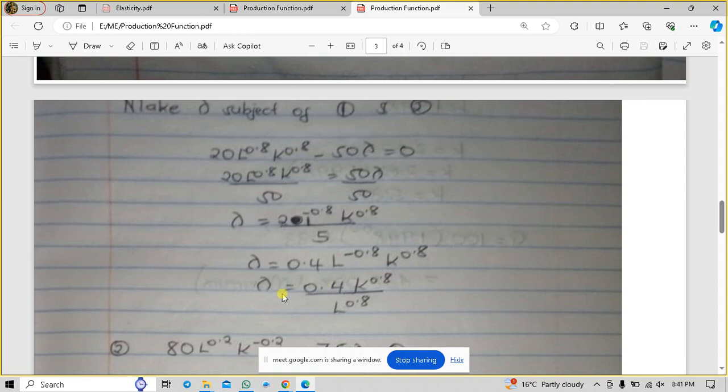The last part, so that you can ask a question: mu is equal to, mathematically, when you have L is to power negative 0.8, it is the same as saying 0.4 K is to power 0.8 over L is to power 0.8. So here for L you remove the negative, and then you put division, L is to power 0.8.